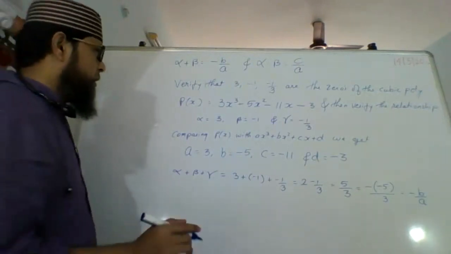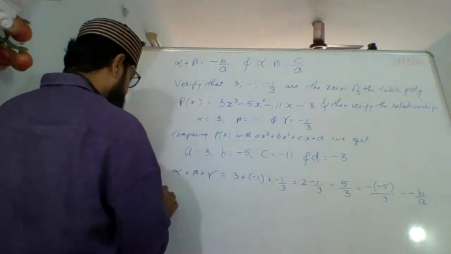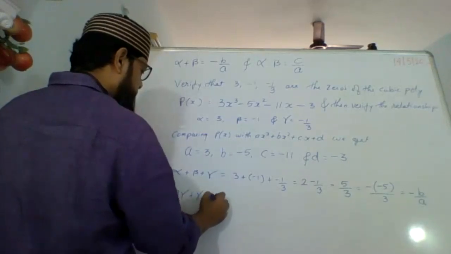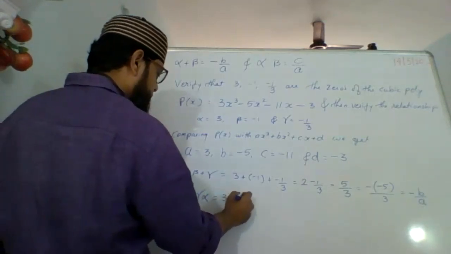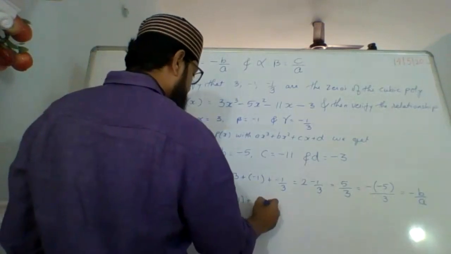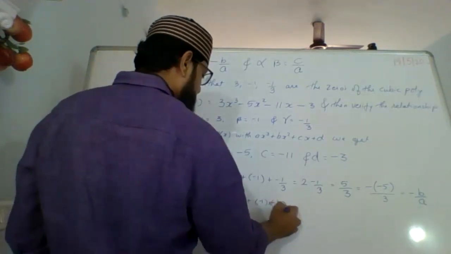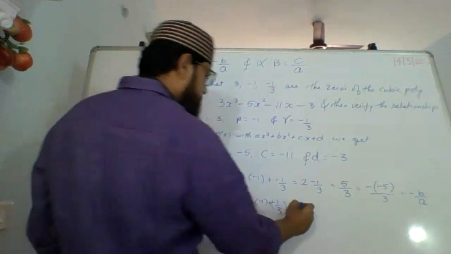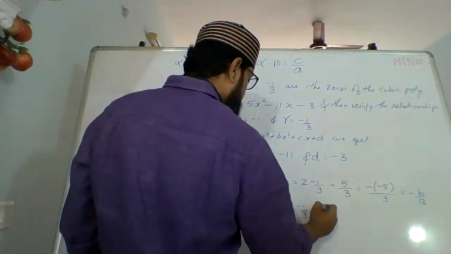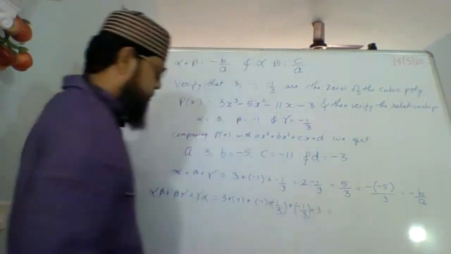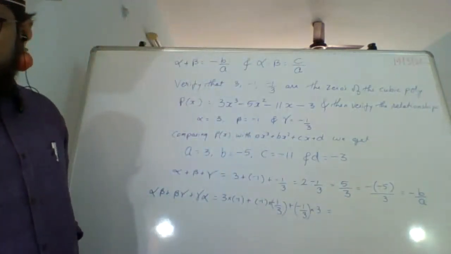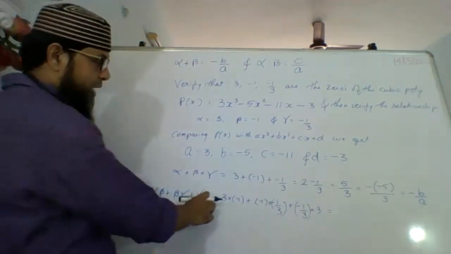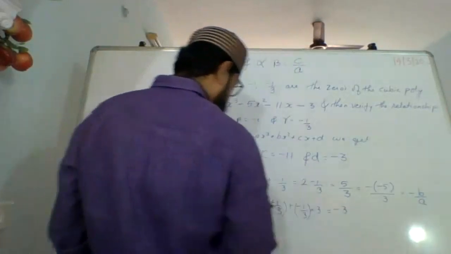Is that clear? Then we have alpha beta plus beta gamma plus gamma alpha. That is 3 into minus 1 plus minus 1 into minus 1 upon 3 plus minus 1 upon 3 into 3. So 3 into minus 1 is minus 3.